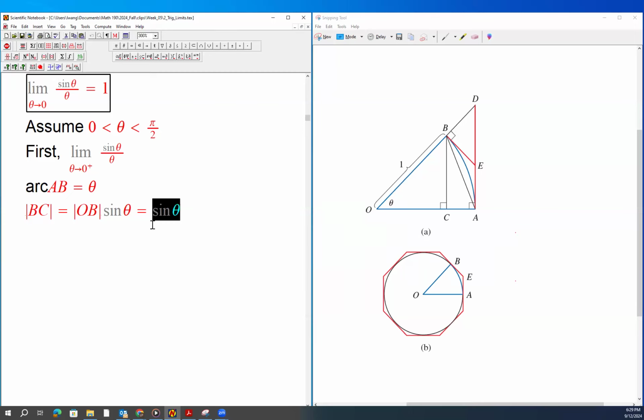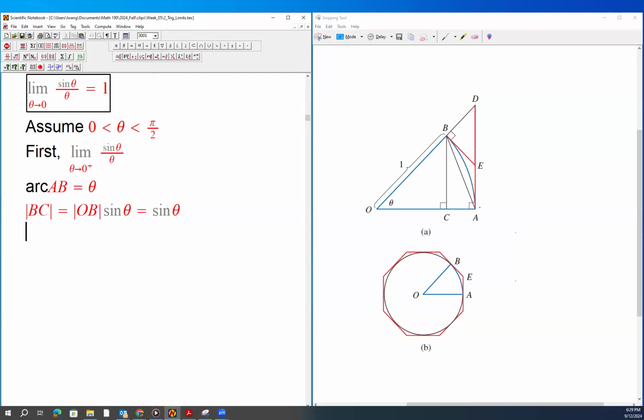All right, and from the diagram, we also see that BC is less than AB. BC is a straight line, a vertical line, vertical to OA.